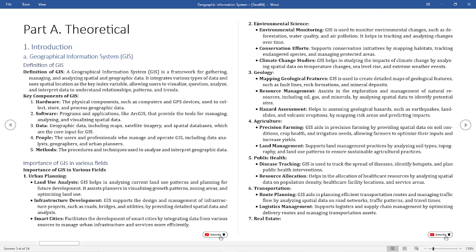In the field of environmental science, the use of GIS and remote sensing, I'm using a new word here. Remote sensing is a kind of a GIS. So the remote sensing and GIS helps us for environmental monitoring. How you can monitor your environment?